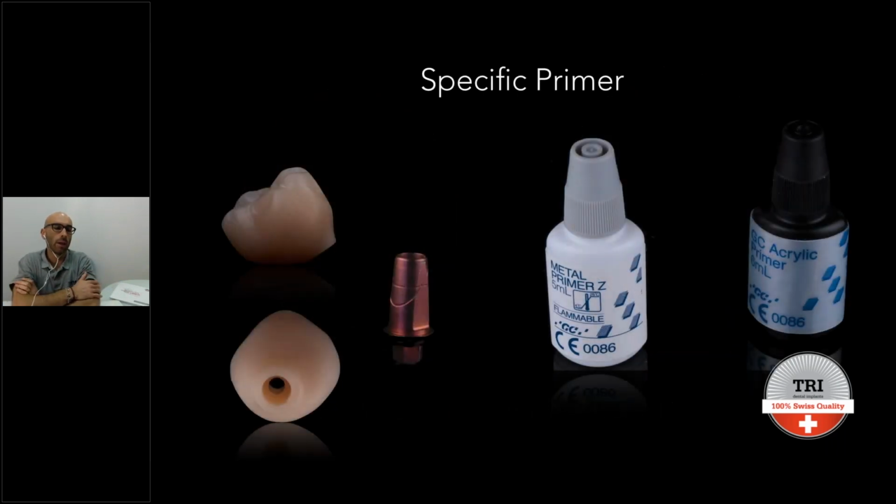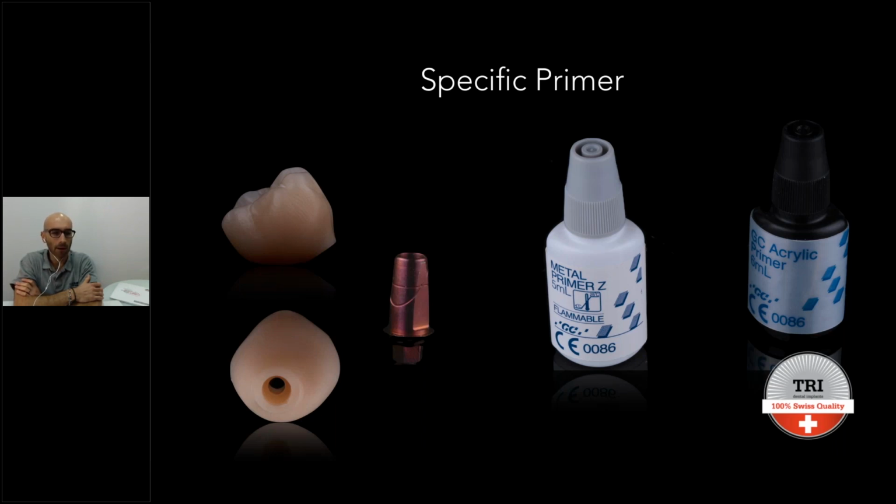Then we don't use a steamer for cleaning, because the sandblasted surface can be very rough, so it's not easy to completely remove the humidity that we can have inside. We use two specific primers: one primer for the metal, for the titanium of the T-base, and one specific primer for the acrylic material.